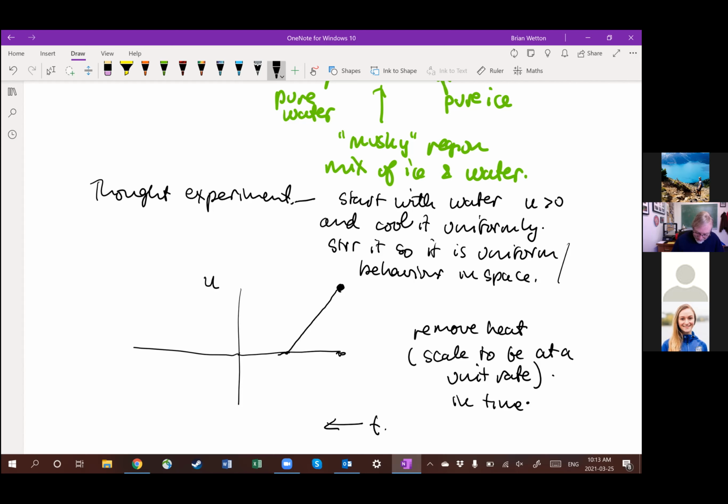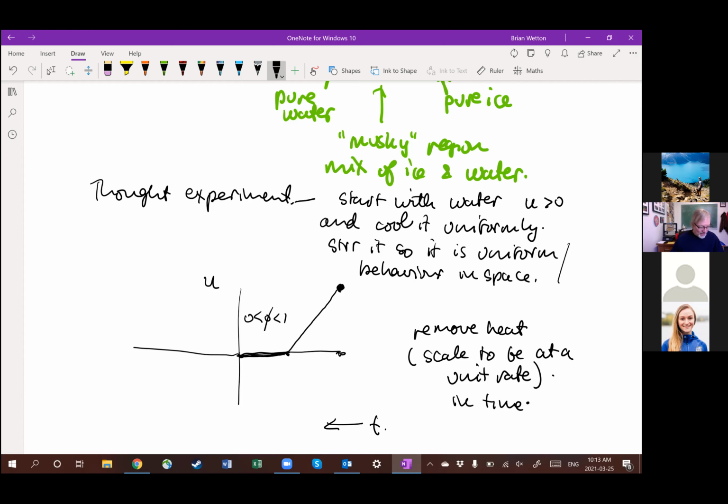So here we go. I'm going to keep removing heat, and I'm going to stay at zero temperature. And here is where I'm going to have my ice form.